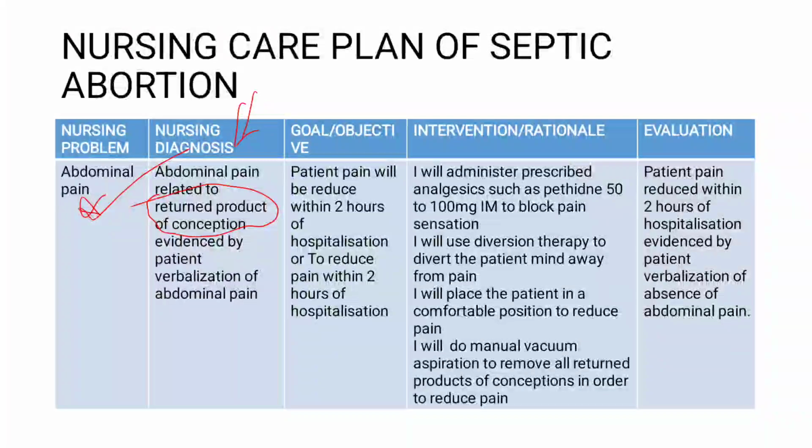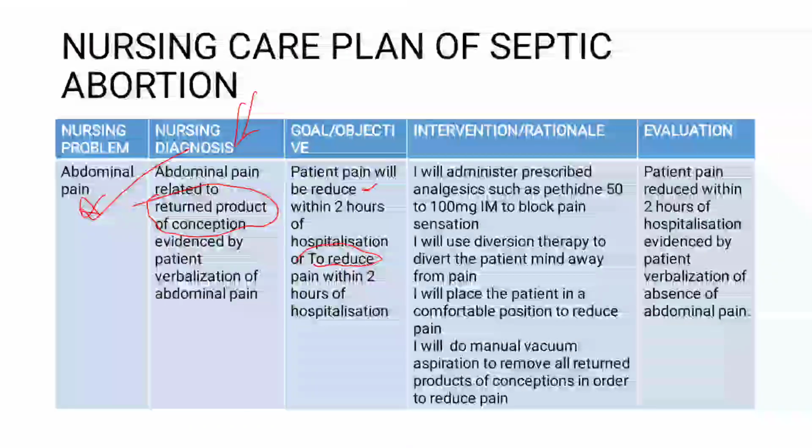In terms of the goal objective, you can say patient's pain will reduce within 2 hours of hospitalization. So that can be our goal objective. And if you are using the objective, you can say to reduce pain within 2 hours of hospitalization.